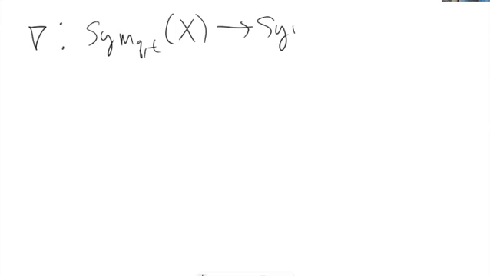The nabla operator. This is the map from symmetric functions in a set of variables, which I'm going to use capital X for, so Sym_k(q,t)(X). These are the symmetric functions over the field of rational functions in two variables, q and t, with rational coefficients, in some set of variables.